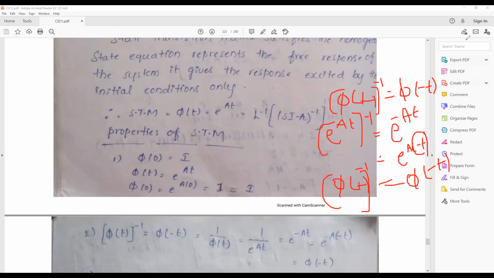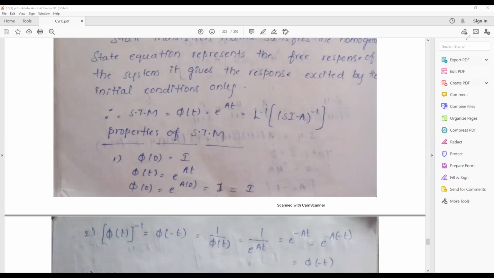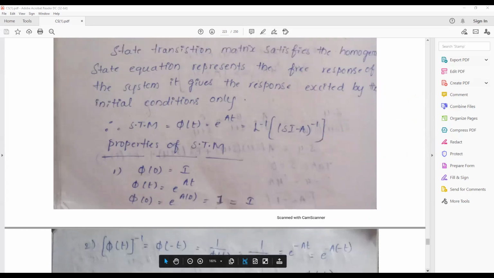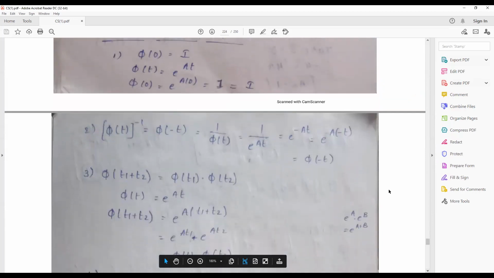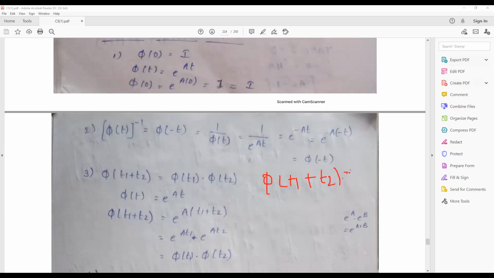Next, the third property is phi of t1 plus t2 is equal to phi of t1 into phi of t2.